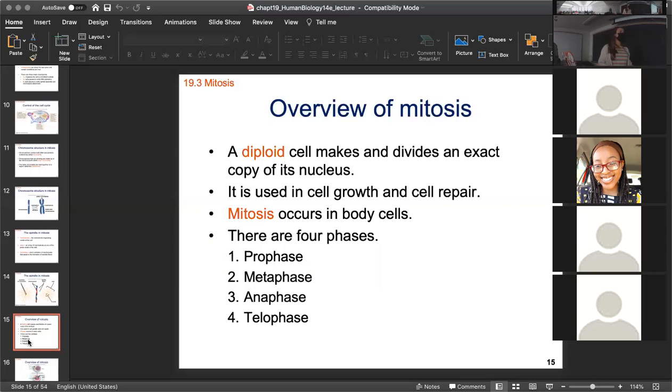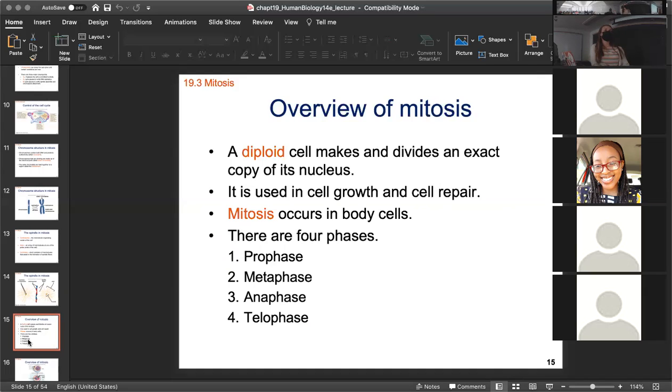What an overview of mitosis can tell us is that in a diploid cell, like in humans where we have 46 chromosomes or 23 pairs, it divides an exact copy of its nucleus. Like it says, we end up with two identical daughter cells. This is used for cell growth and repair.